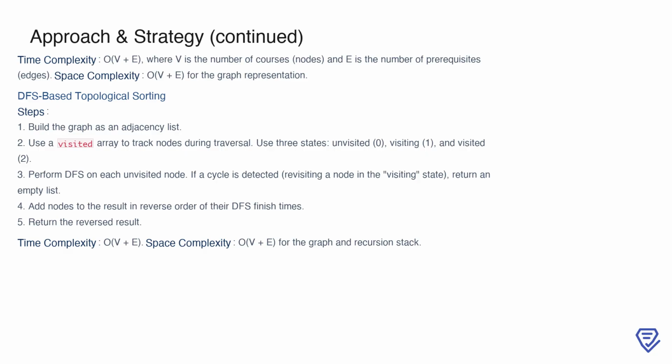Otherwise, we add nodes to the result list in reverse order of their DFS finish times. At the end, reversing the result gives us the correct topological order. Like Kahn's algorithm, the time complexity for DFS is O(V + E), due to similar reasons, and the space complexity is also O(V + E), accounting for the graph representation and the recursion stack.